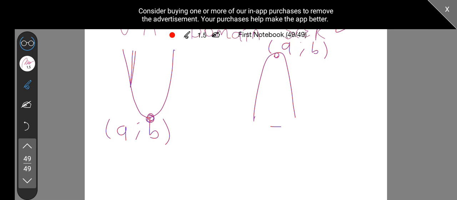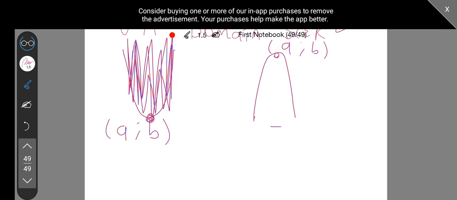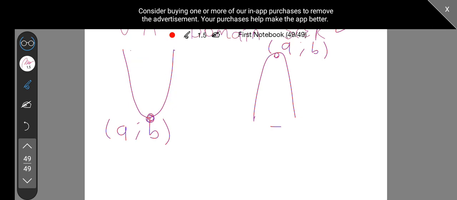The values of y are above the value of B. This means that the range is where the values of y are possible. We can say that y is greater or equal to B. The values of y are possible on the graph starting from B going upward.